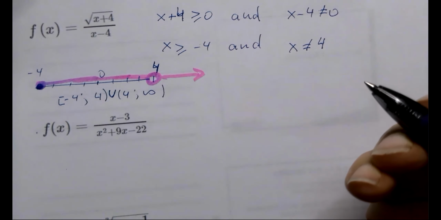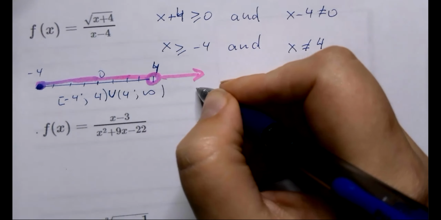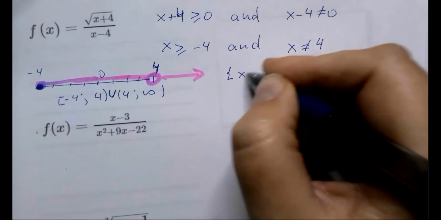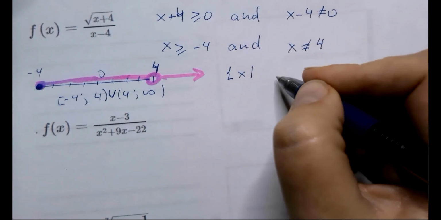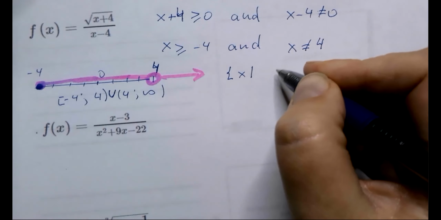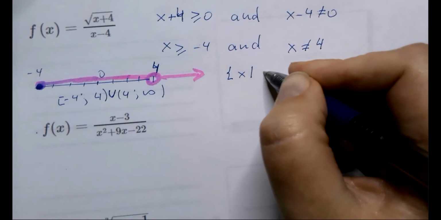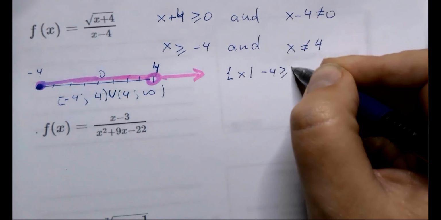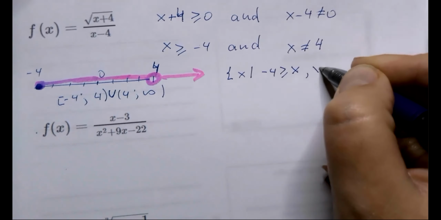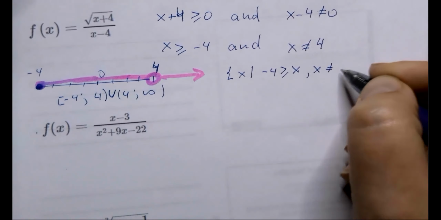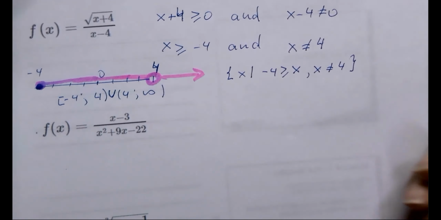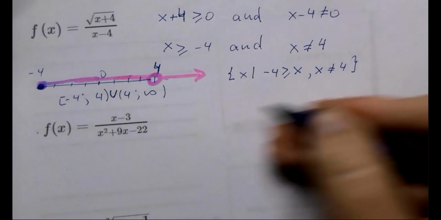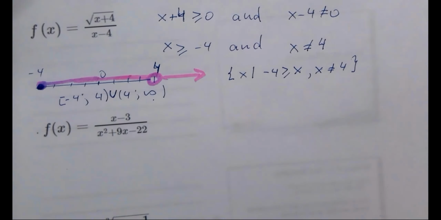In set builder notation, open curly bracket, we're describing x such that x is greater than or equal to negative 4, and at the same time x is not equal to 4, close curly bracket. So that's how the set builder notation looks. This is how interval notation looks.